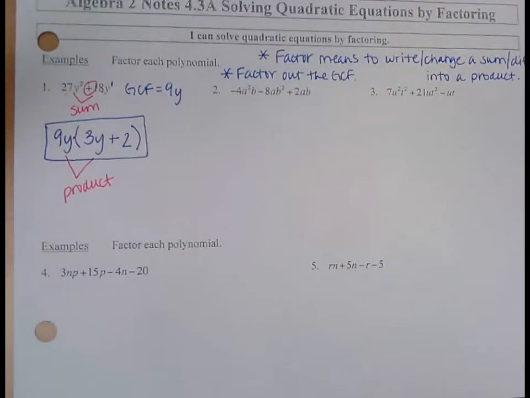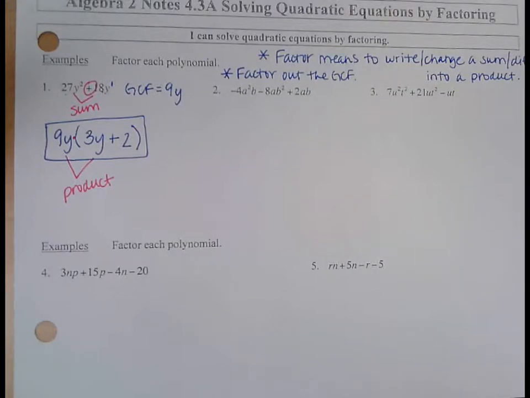We have 9y times 3y plus 2. So we took our sum and we factored it, so we wrote it as a product. That is the whole purpose of factoring. And why we do this, we can use this to solve quadratic equations. We're going to get to that with the examples on the back, but I just want to review factoring first before we get to solving. Questions on number 1?